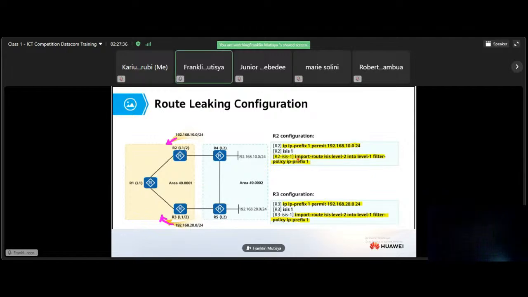For example, on this router here, you can configure what you call an IP prefix. Now, an IP prefix is a tool that is used to identify certain packets within our IP network.